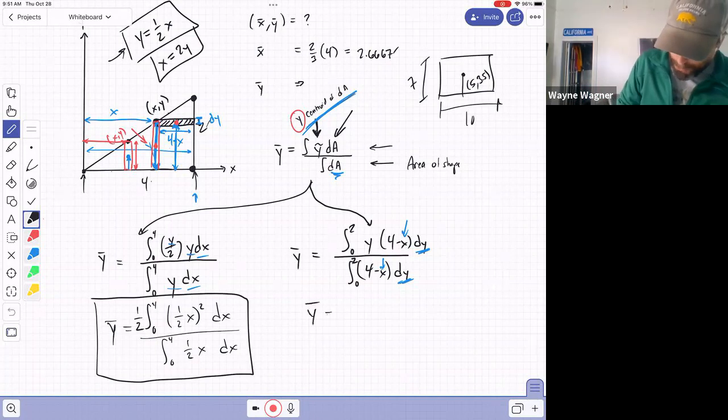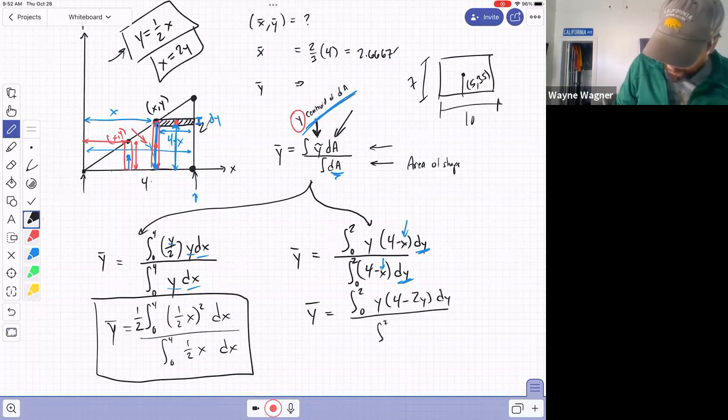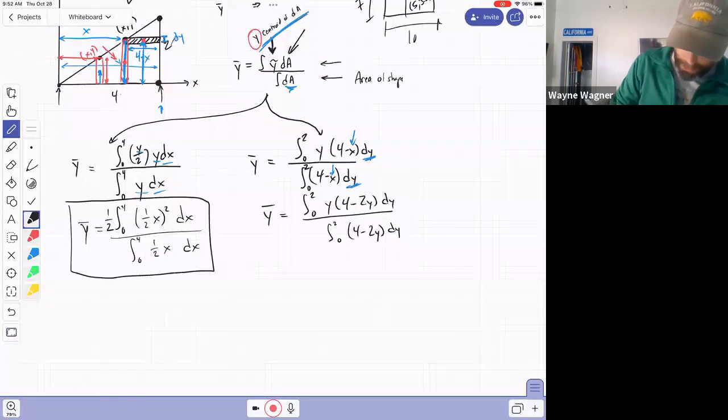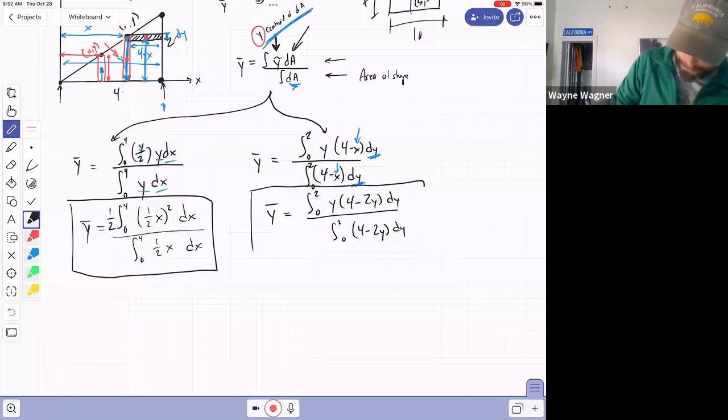So I'm going to do y bar equals the integral from 2 to 0 of y times (4 minus 2y) dy over the integral from 2 to 0 of (4 minus 2y) dy. Okay, so these are both set up.